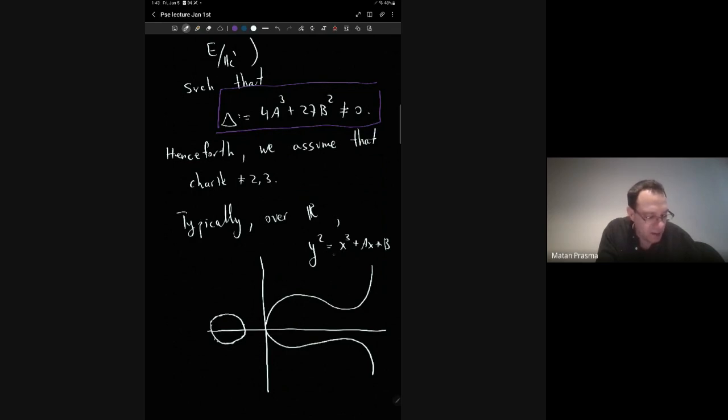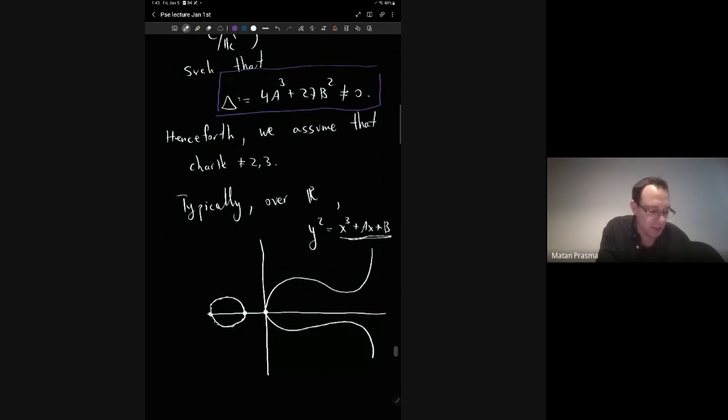If we have a solution y, then also minus y is a solution. These are the intersections of the polynomial x cubed plus ax plus b with the x-axis, and there is a proposition.